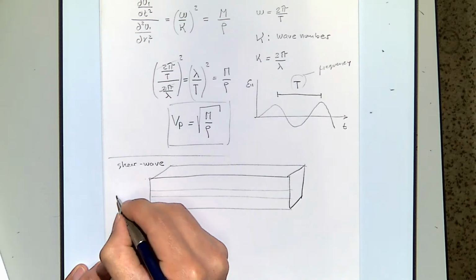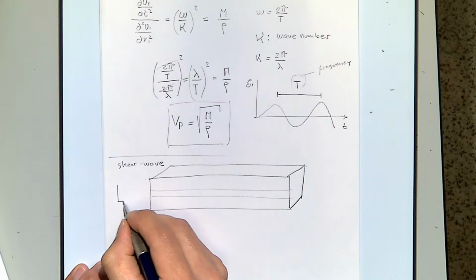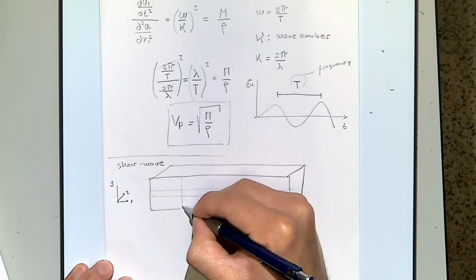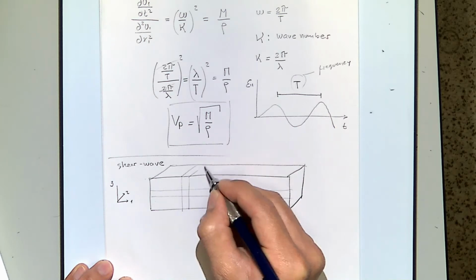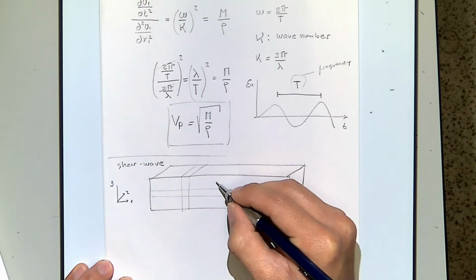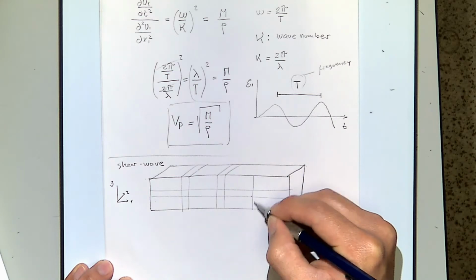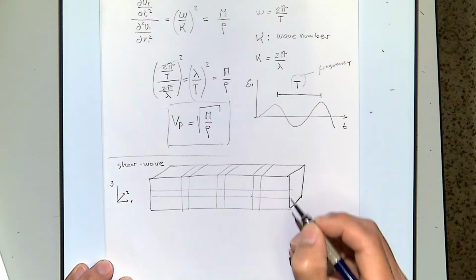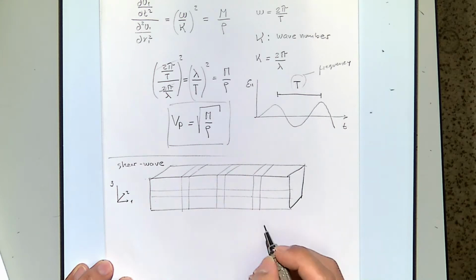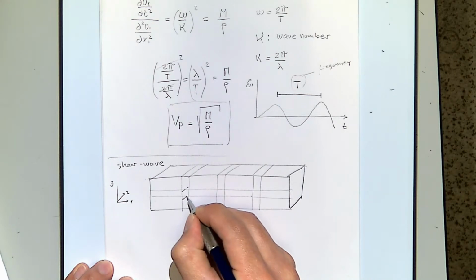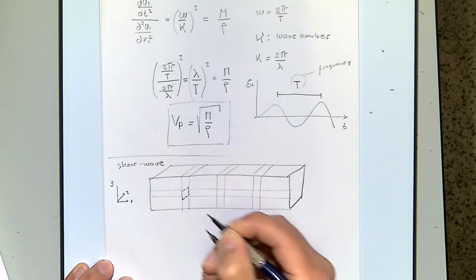Okay? So let me remind you that here we had assumed these directions 1, 2, and 3. If I have an element of the solid, and let's make that at a given snapshot, at some point I'm going to have displacement. Well, in this case we're going to have displacement in direction number 3, like this. This is the deformed configuration.